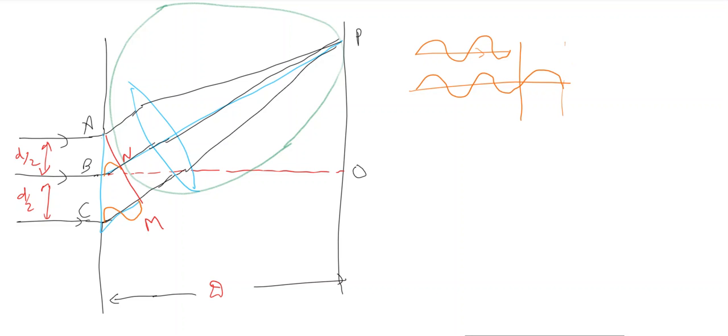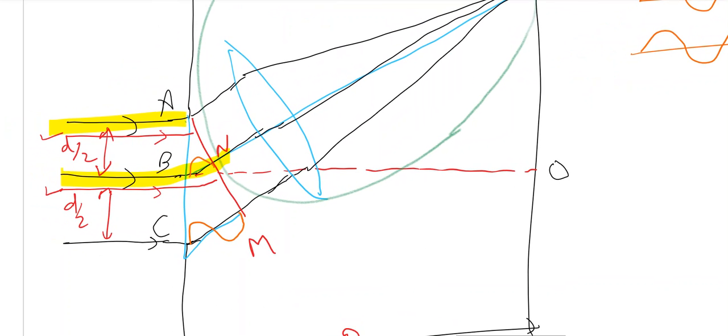So the path difference between A and this Bn is half lambda. What does it mean? It means that these two will give us destructive interference. Now, what if I take one wave just below A and one wave just below B? Then these two will also have a path difference of half lambda. Go further.